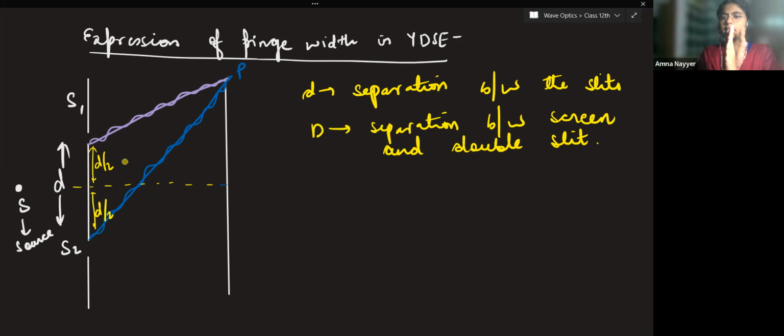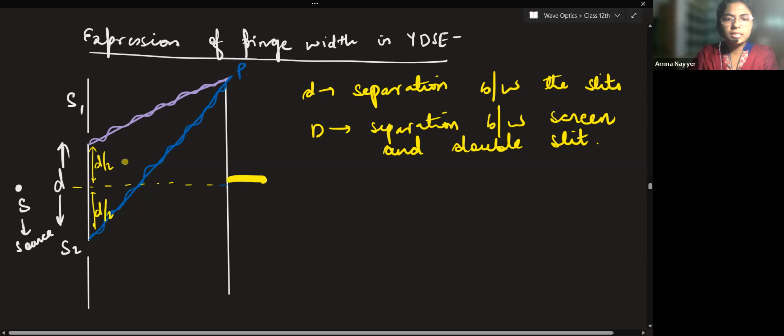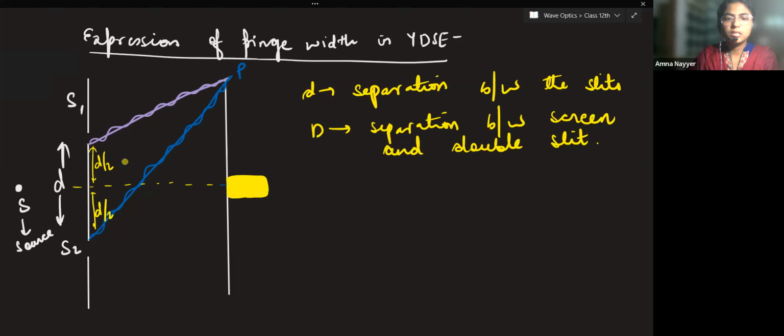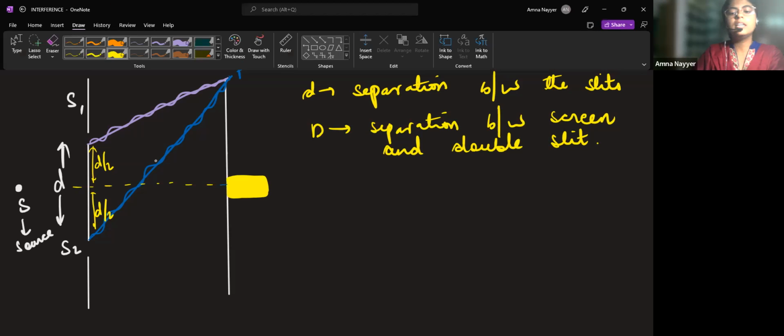Then on either side of it, you obtain the first dark band. Then on either side of the dark band, you obtain your bright fringe. Then dark, then bright. Like this it continues. So here at this point, you obtain what is known as the central bright fringe.